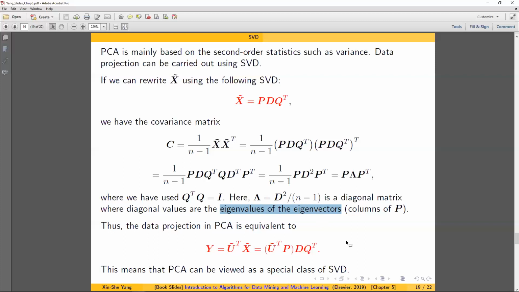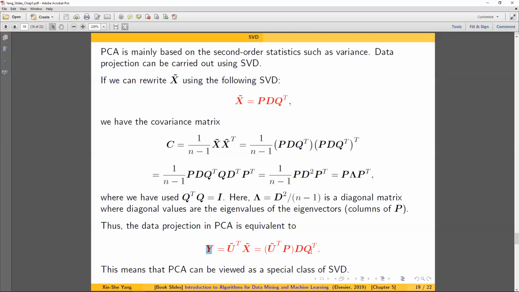Therefore, the data projection in PCA is, instead of y equal to u tilde transpose times x tilde, equal to u tilde transpose times P D Q transpose. So this means that PCA can be viewed as a special class of SVD.